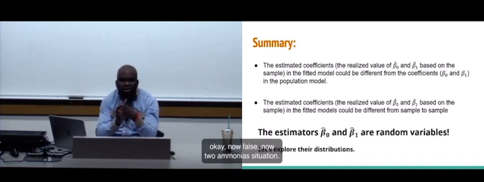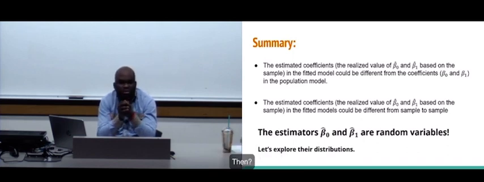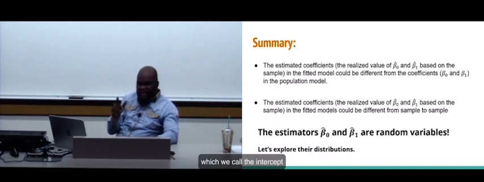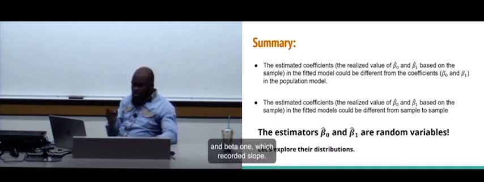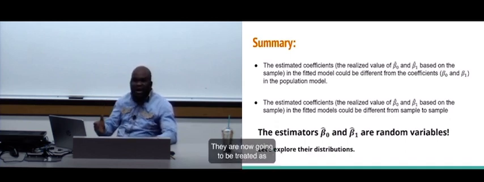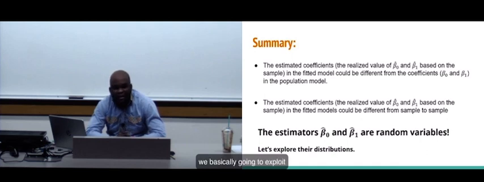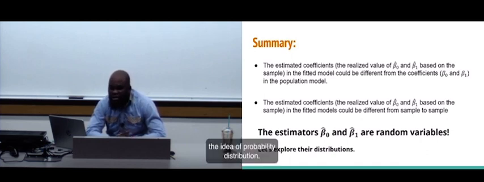Now, for us to harmonize the situation, what are we going to do? The estimate of beta naught, which we call the intercept, and beta 1, which we call the slope, are going to be treated as random variables because they vary from sample to sample. Because of that, we're going to exploit the idea of probability distribution.